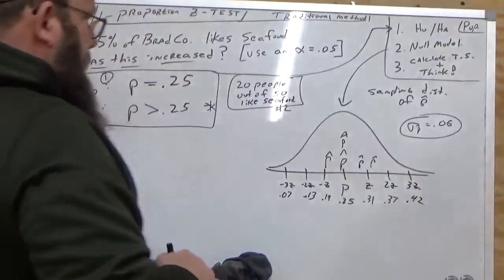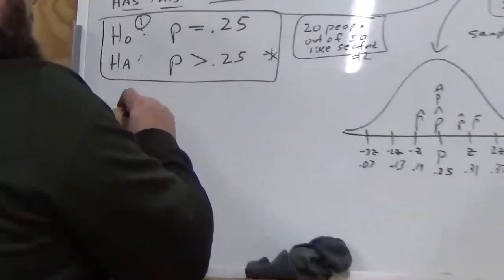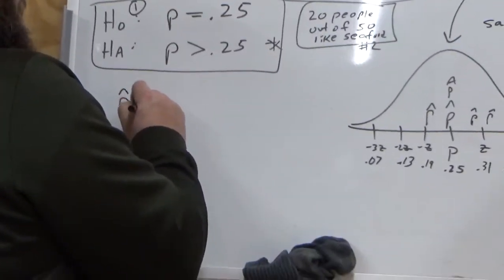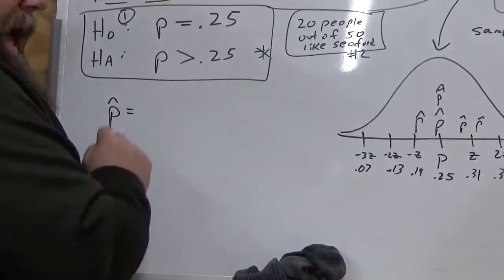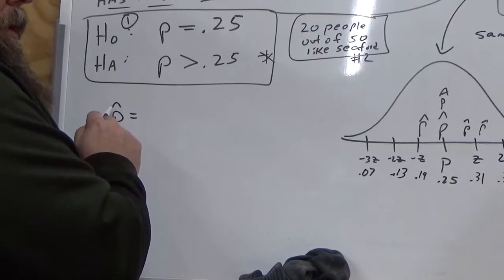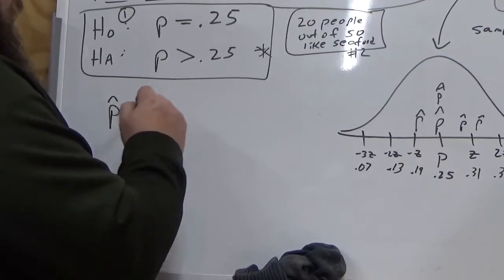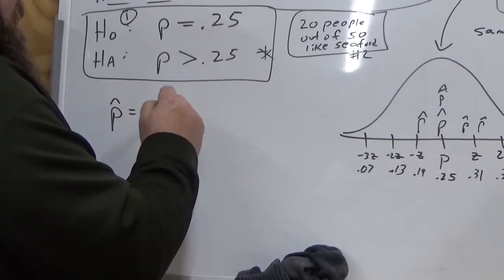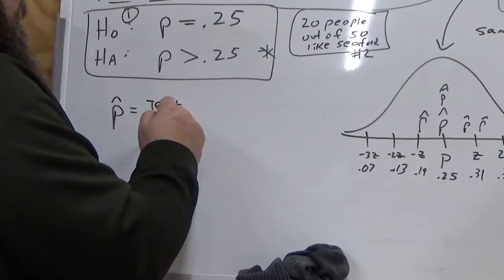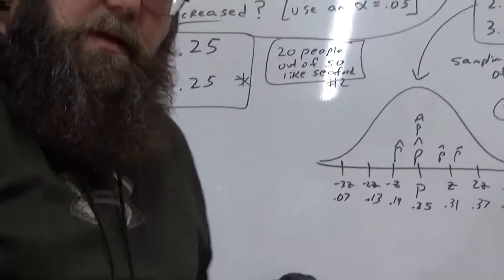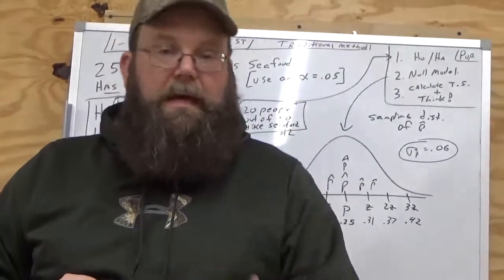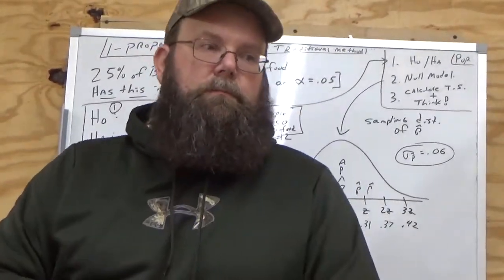So, 20 out of 50 is p-hat. And what's p-hat? P-hat is the sample proportion. This is otherwise known as the test statistic. Now, why is it called the test statistic? Test because that's what we're testing.